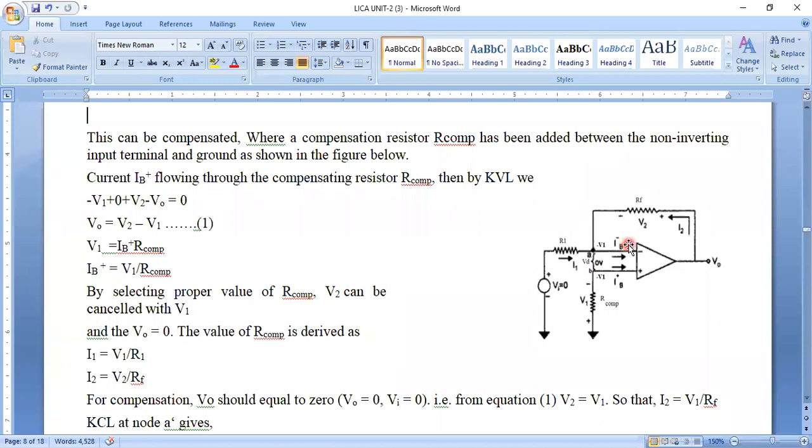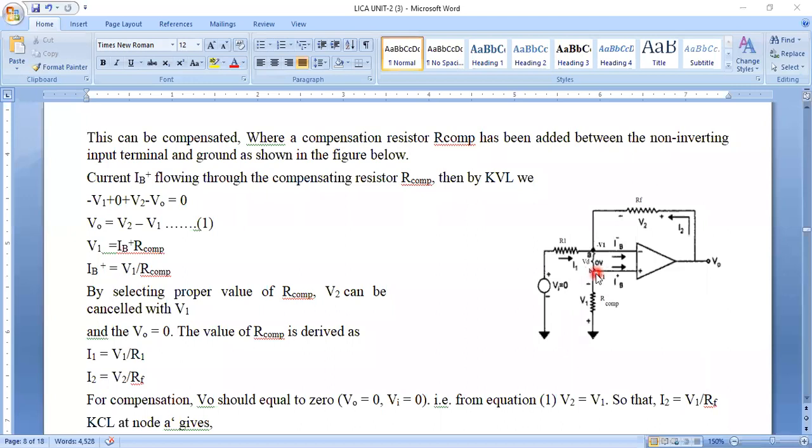Due to biasing currents flowing through terminal A and terminal B. But the two voltages are equal, so the difference voltage VD is equal to V1 minus V2, which is equal to 0. That means the voltage across node A is equal to the voltage across node B.